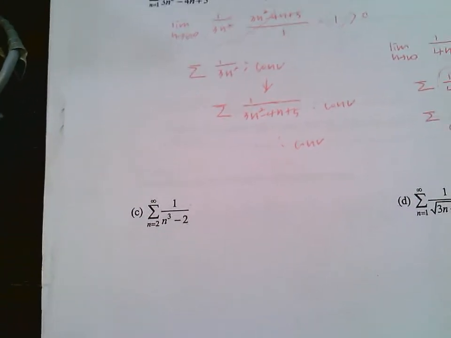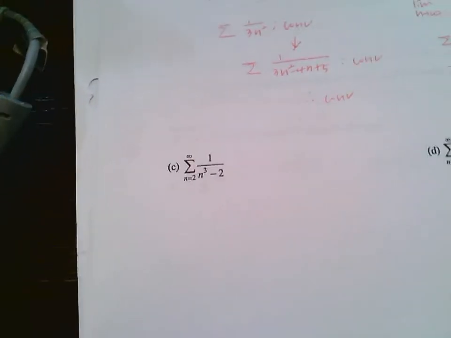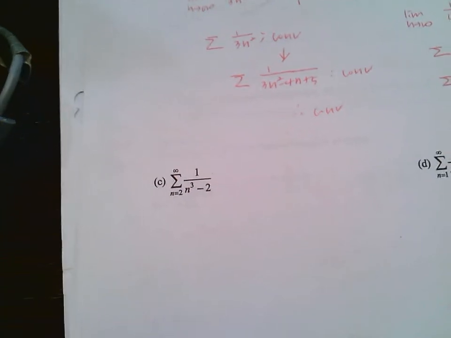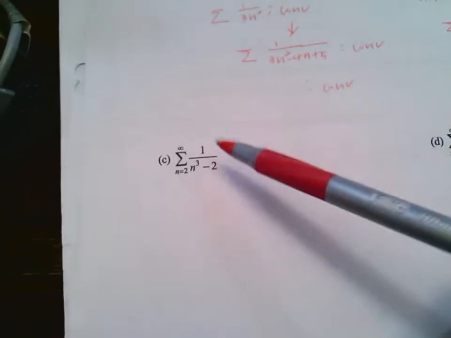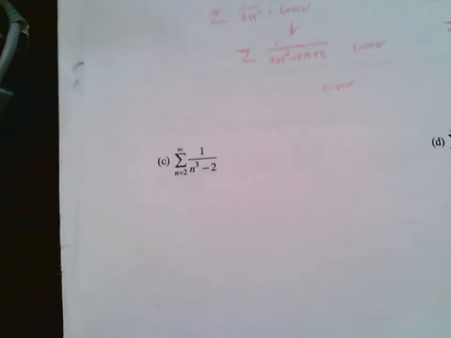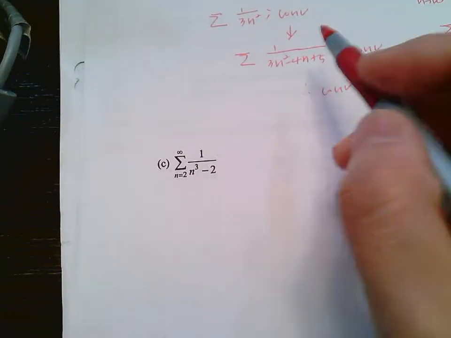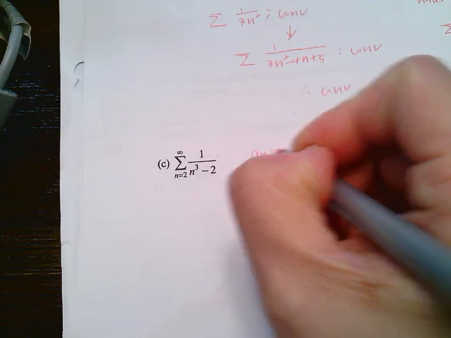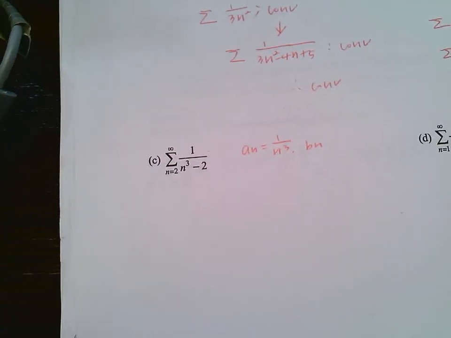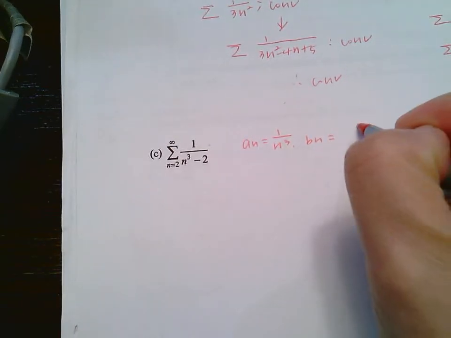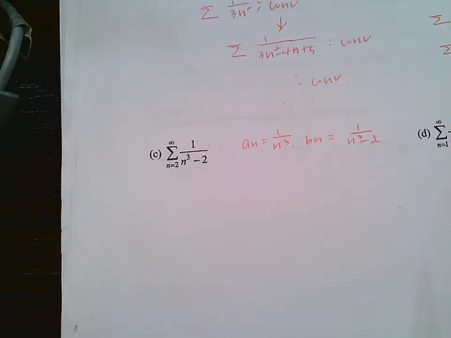Okay. Now let's take a look at this one. You can use a direct comparison, right? Okay, so a sub n is 1 over n to the 3rd. B sub n is 1 over n to the 3rd minus 2, right?